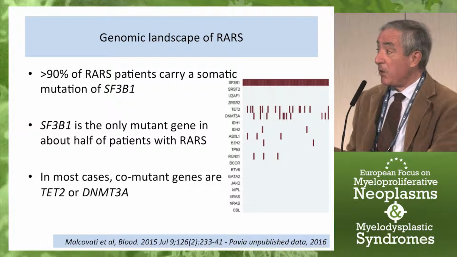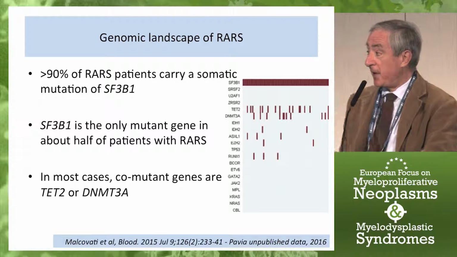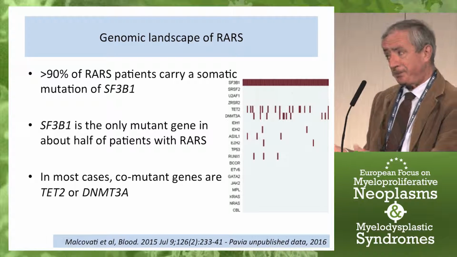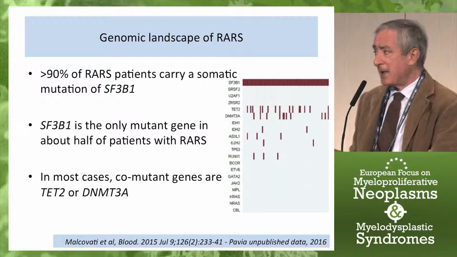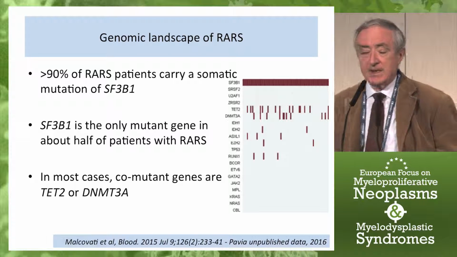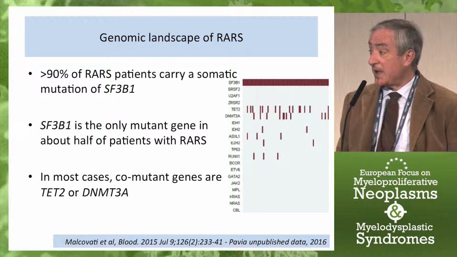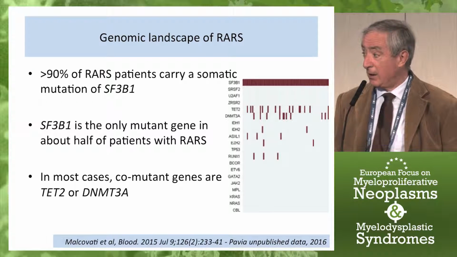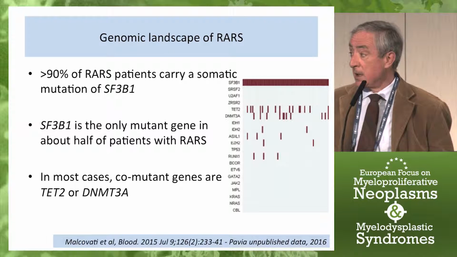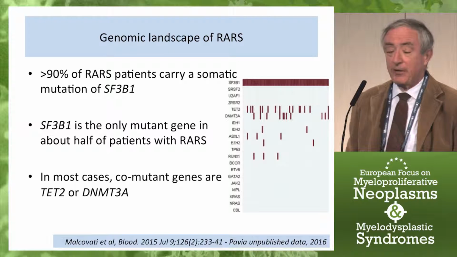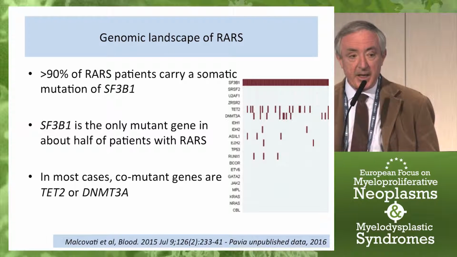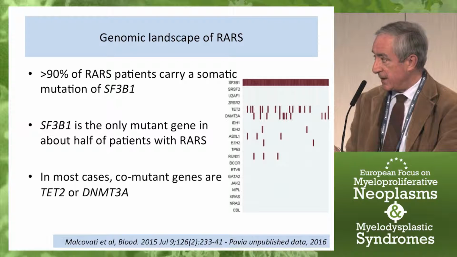SF3B1 is the only mutant gene in about half of these patients, and in most cases, co-mutant genes are TET2 and DNMT3A. But these somatic mutations are found in the elderly, so they essentially reflect age-related clonal hematopoiesis.